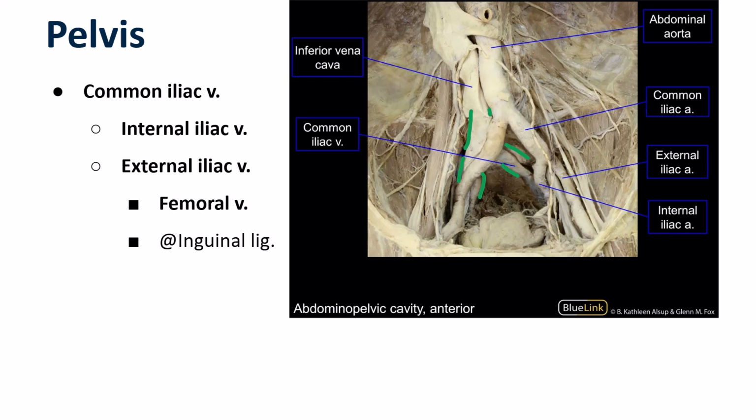Namely, there is an internal iliac vein and an external iliac vein. That external iliac vein comes from the lower limb, namely the femoral vein, which we see in the femoral triangle. The boundary between the two is the inguinal ligament. So the inguinal ligament is the boundary between external iliac artery and veins and femoral artery and veins.